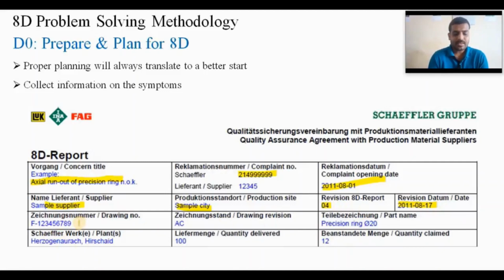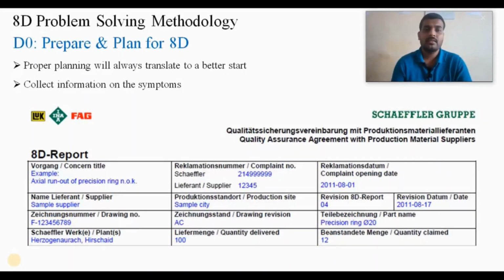Then you should have the drawing number, and if any alteration is there for that drawing, then that alteration number as well. Then you should have the part name, how many quantity were delivered, and out of that how many quantity the customer is complaining about for the quality problem or defect. These primary details you should have for the D0, that is the preparation and planning phase of the 8D analysis.